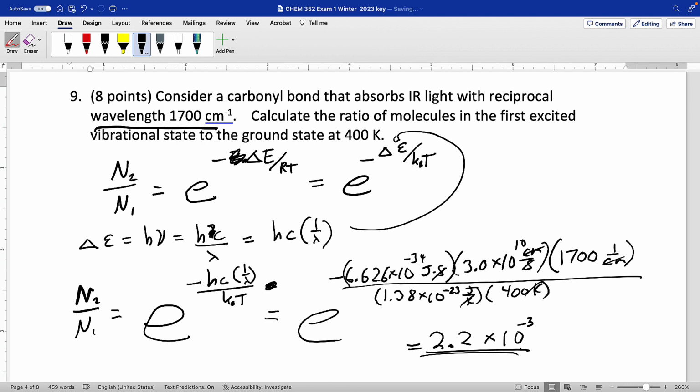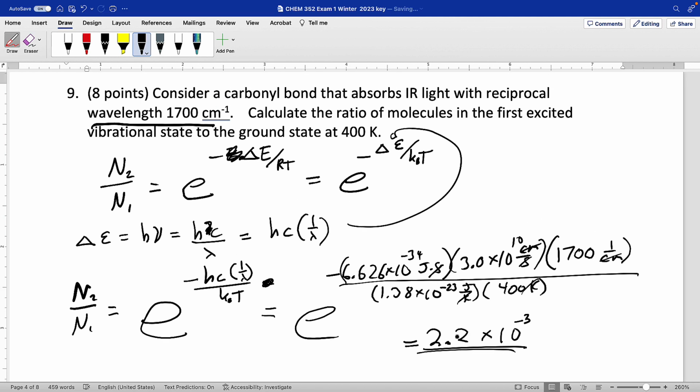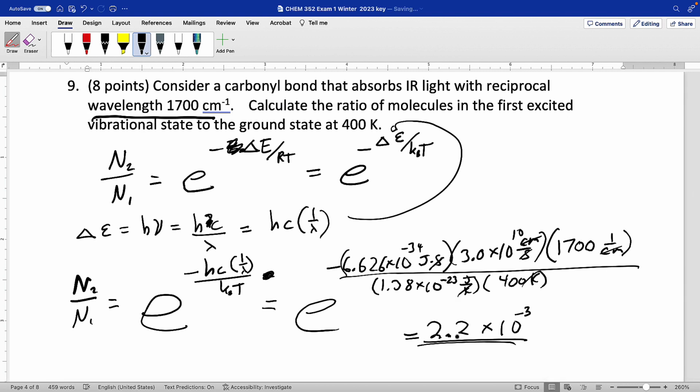So that shows you that basically thermal energy is not really enough to excite vibrations, the covalent bond vibrations, at room temperature, even a little bit warmer. We'd have to go to more like thousands of kelvins if we really want to start exciting vibrations thermally. So when you shoot a sample with an IR beam to do your IR, most of your molecules, until they get hit by IR light, are actually in the ground state.